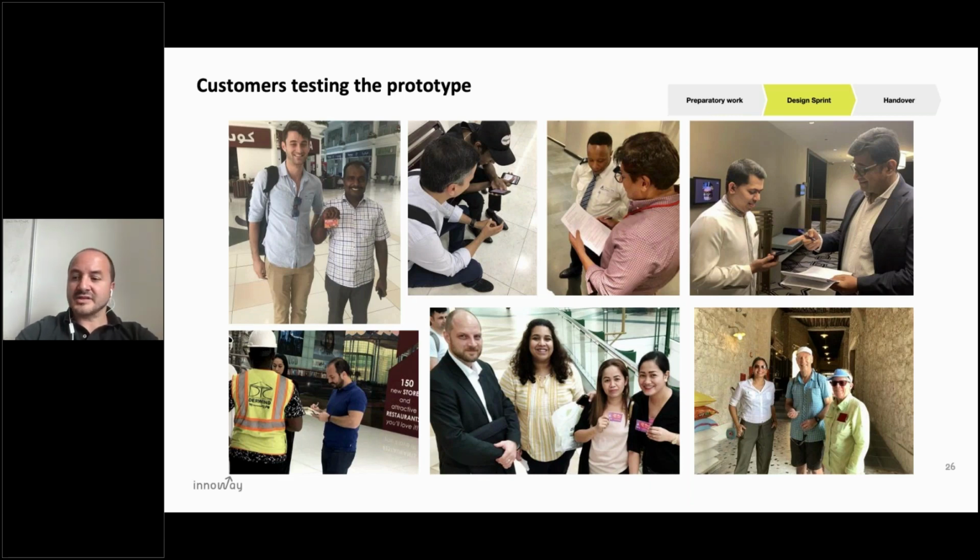A couple of notes and suggestions. Whenever you do this type of test, first make sure that you're identifying the customer that you're looking for. Secondly, make sure that you ask them for permission. Sometimes people are in a rush or they are shy, so make sure that you cover that.